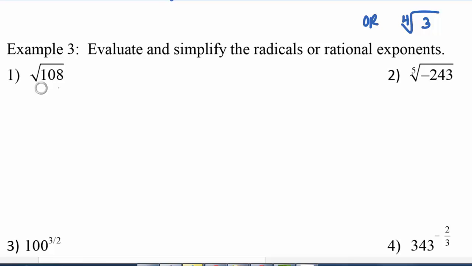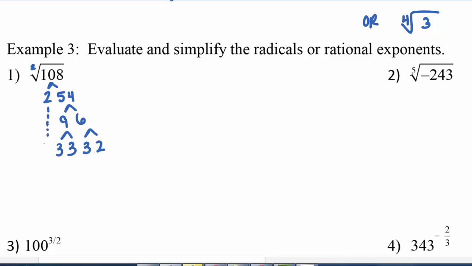So this first one really is review. This is the square root of 108. So I need to reduce this. 108 is 2 times 54. 54 is 9 times 6. 9 is 3 times 3. And 6 is 3 times 2.